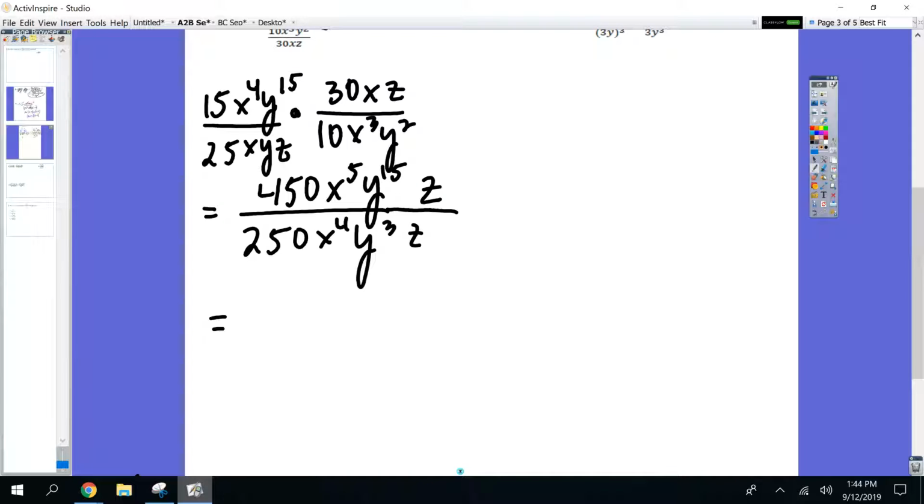The 450x divided by 12 over 250. And that reduces to... Got it. Nice job.